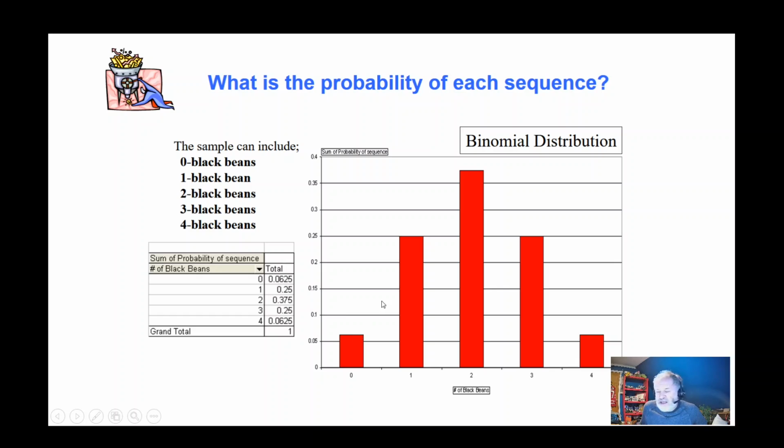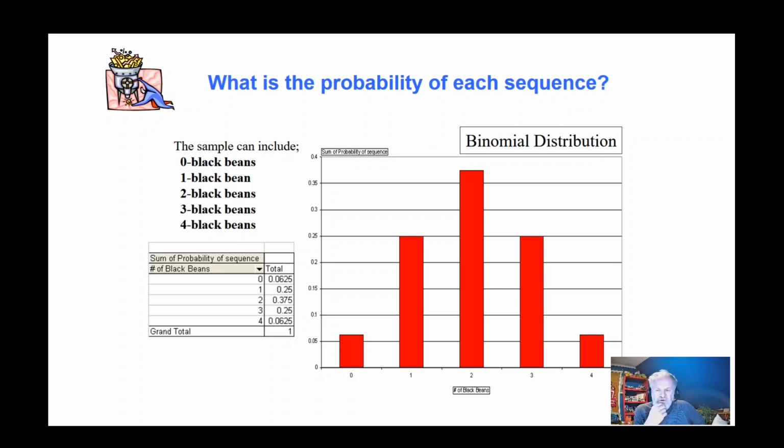So these are the outcomes here. 0 black jelly beans, 0.0625. 1 black jelly bean, 0.25. 2 black jelly beans occurs 6 times, with a probability of 0.375. 3 black jelly beans occurs 4 times, 0.25. And 4 black jelly beans only happens once: black, black, black, black.